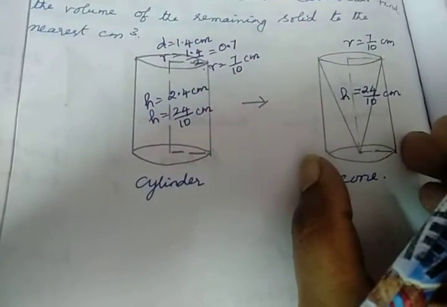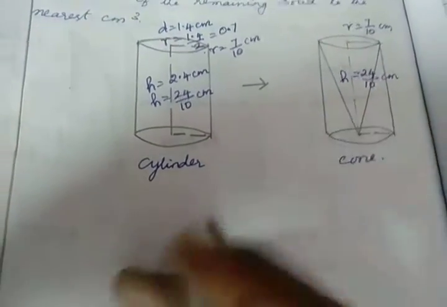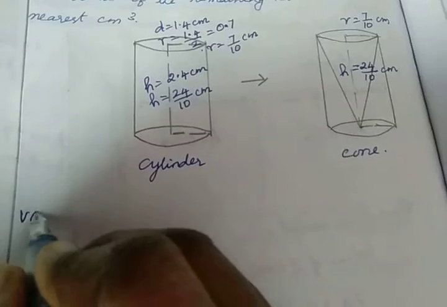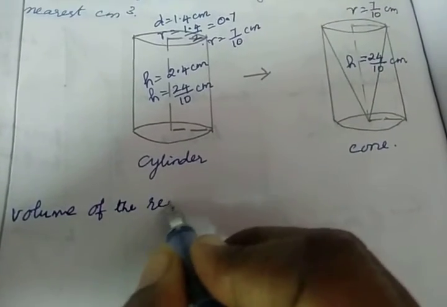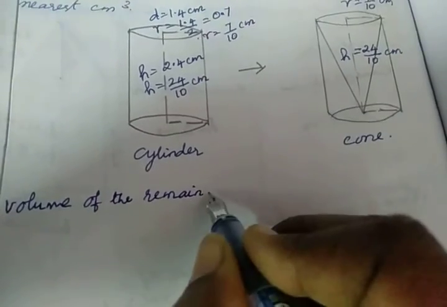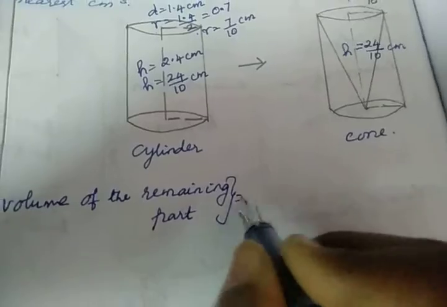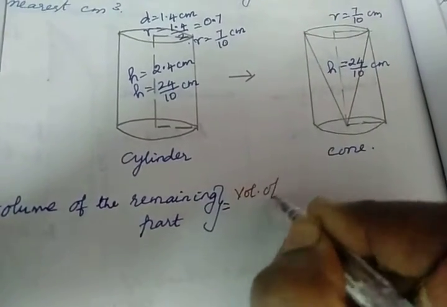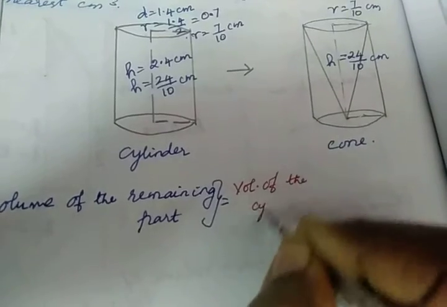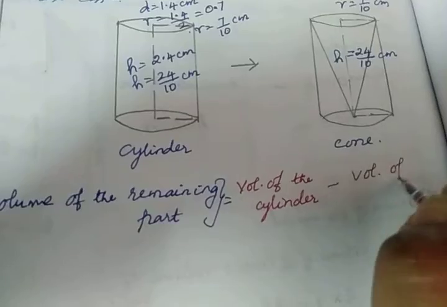out. I'll first find out the volume of the cylinder, then volume of the cone. Then if we subtract both the volumes, I will get the volume of the remaining part. Volume of the remaining part is equal to volume of the cylinder minus volume of the cone.